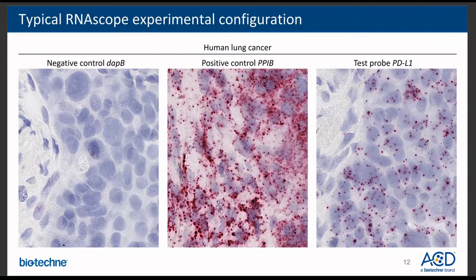So first, we qualified the sample and the tissue type. Then we moved on to the marker and saw a great deal of expression of PD-L1, which was as expected. This is pretty much in a nutshell how our experimental configuration looks.